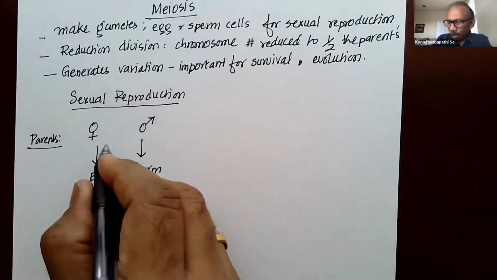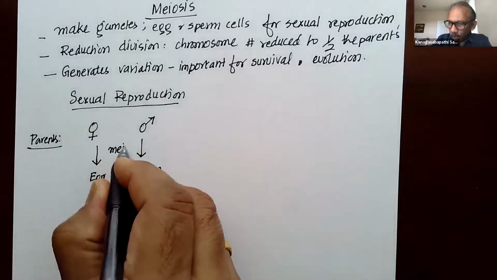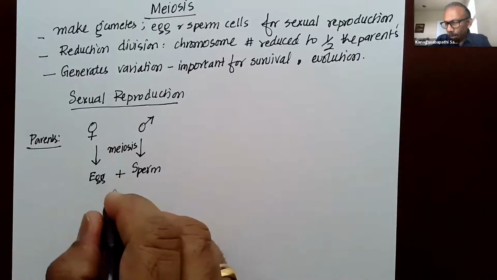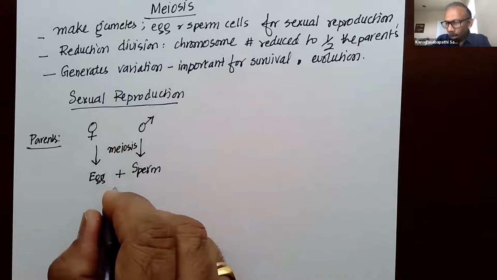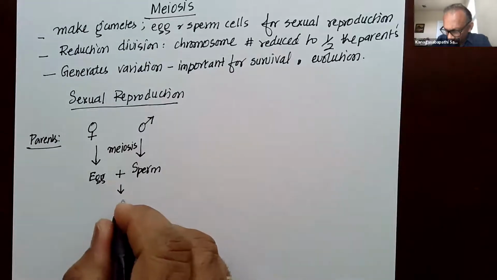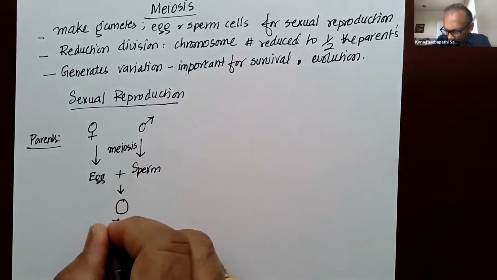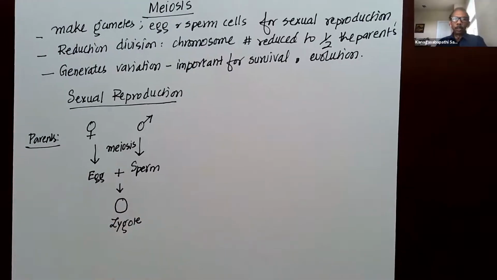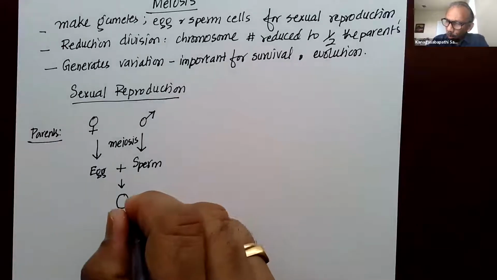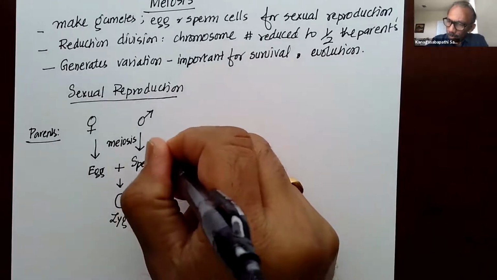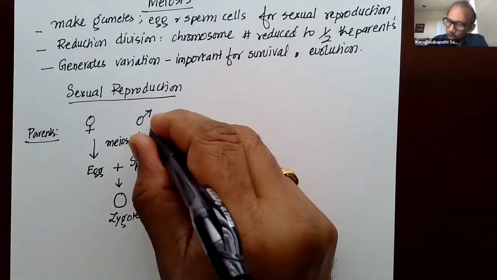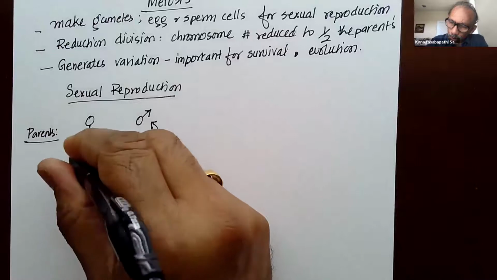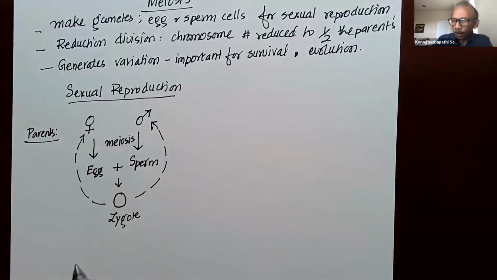This process is what they call meiosis. They combine together to make the fertilized egg cell called the zygote. The zygote then will divide and differentiate to become the adult cells, or the parental cells.